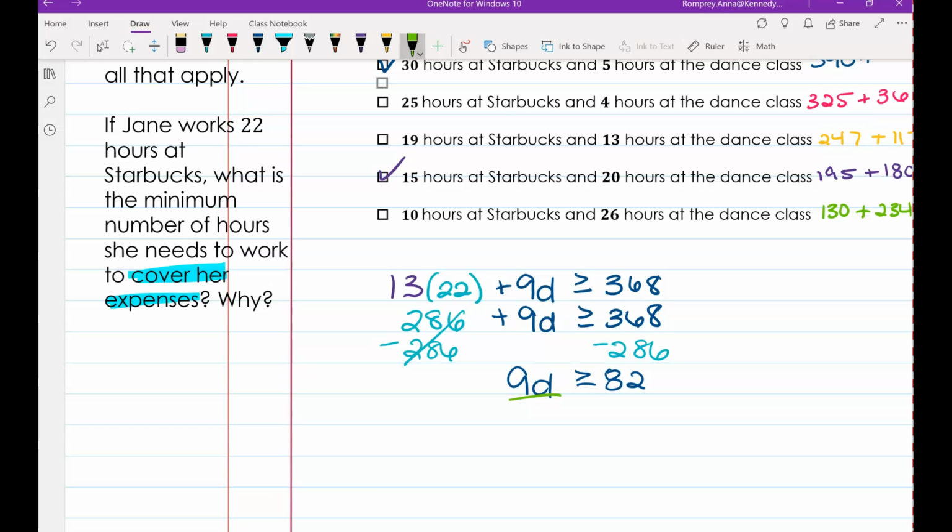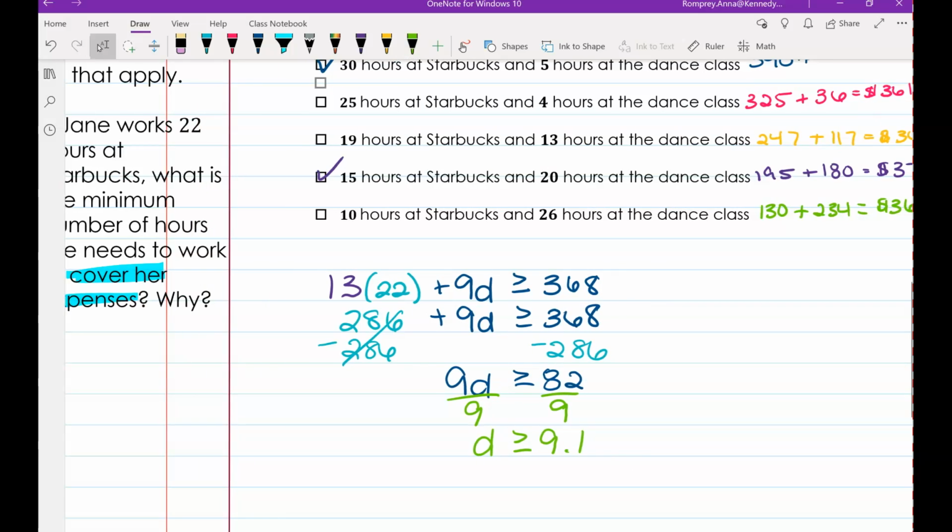I shouldn't have to work too much more. Well, Jane, divide both sides by 9. She needs to work, that does not go in evenly. So it says greater than or equal to 9.1. Is that an acceptable answer for this question? No, she's not working 9 hours. So she needs to work more than 9.1 hours.